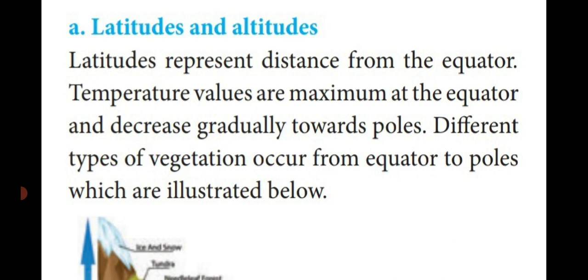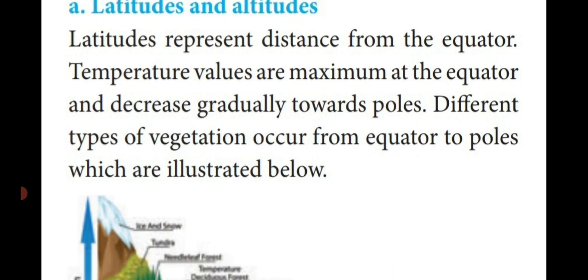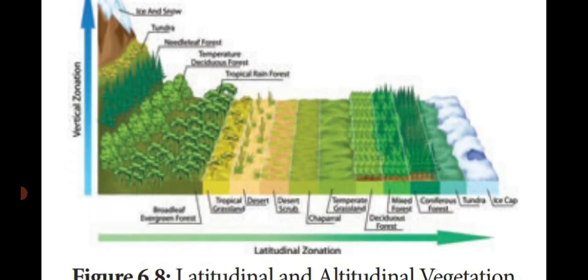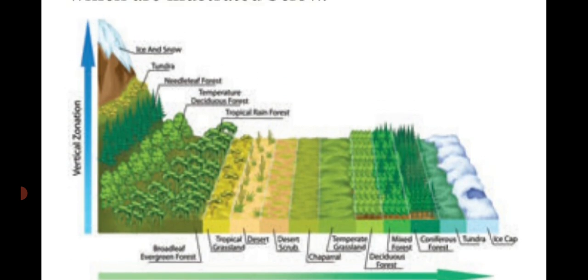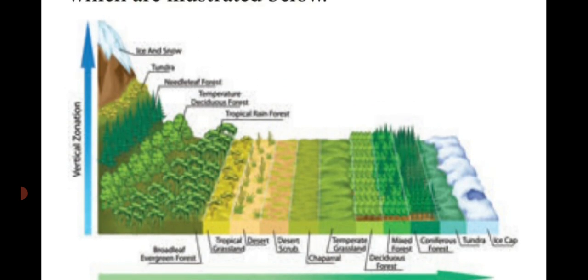So different types of vegetation occur from equator to the poles, as given in the diagram. Dear students, see the diagram. This is the latitudinal and altitudinal vegetation.